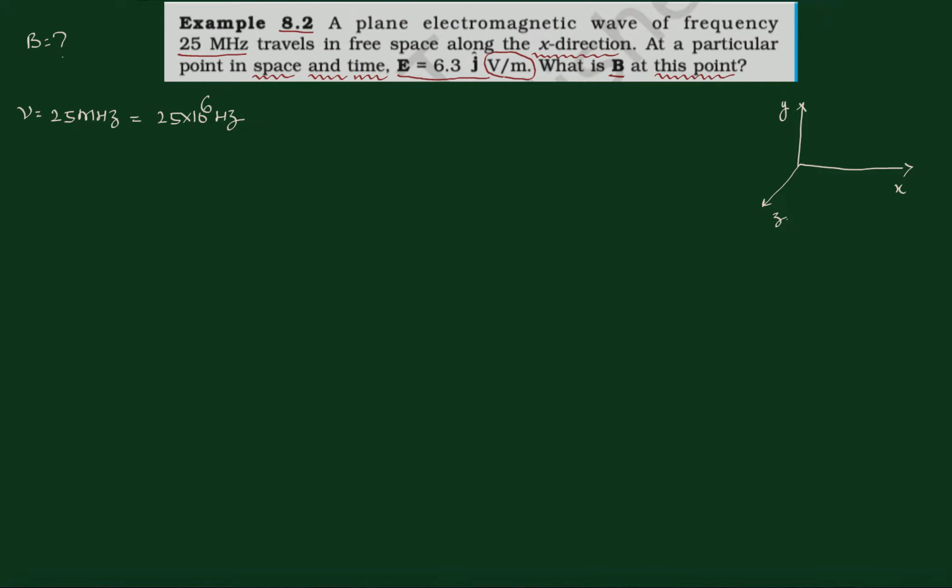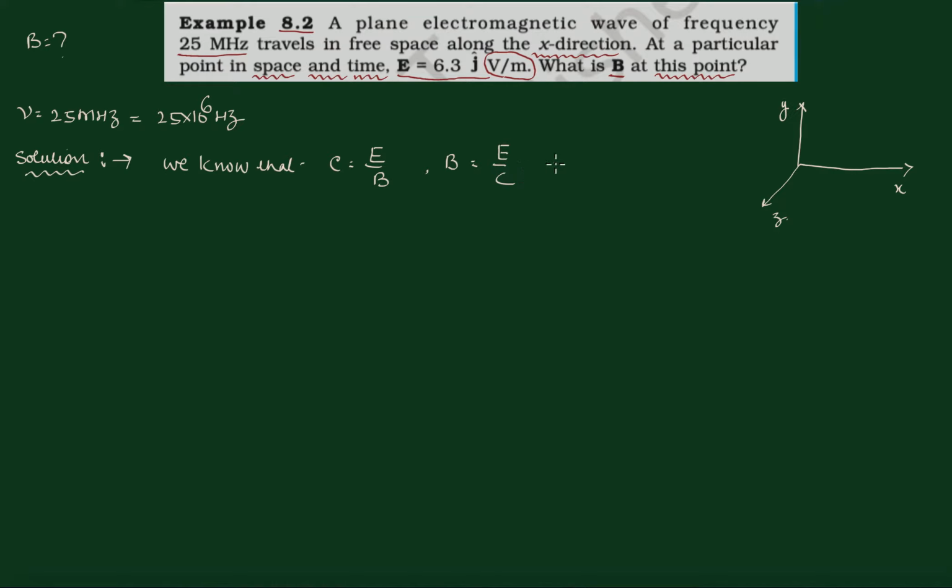वी नो दैट द सॉल्यूशन ऑफ द प्रॉब्लम इज, see, we know that C is equal to E upon B. So B is equal to E upon C, right?